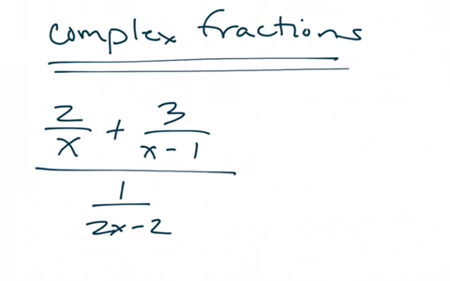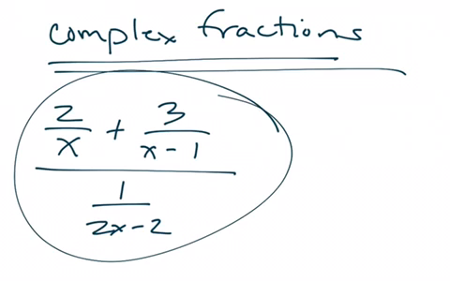Now, the last part of this assignment has what they call complex fractions, all right? And it's complex because there's just fractions all over the place. Multiple fractions in the numerator and another fraction in the denominator, okay? Well, I'm really okay.